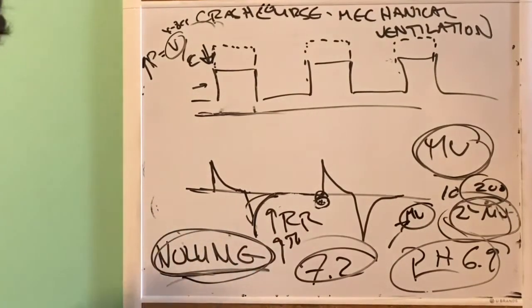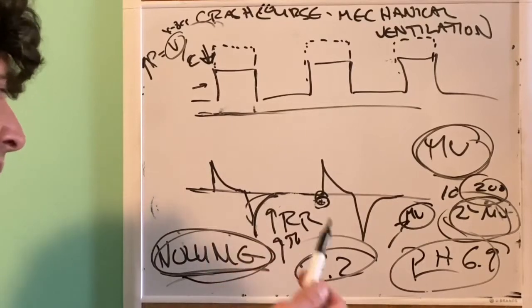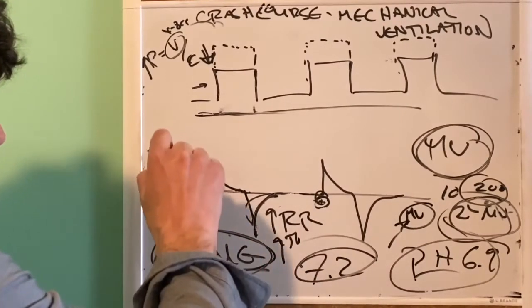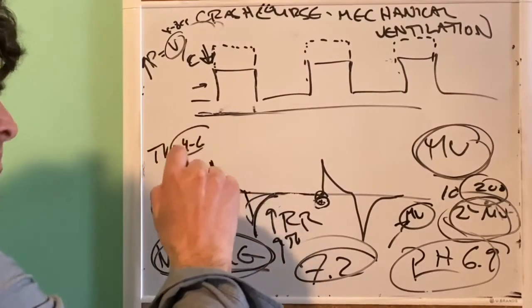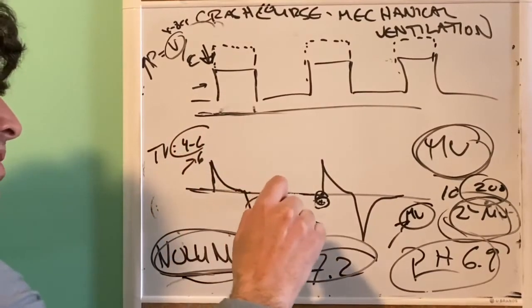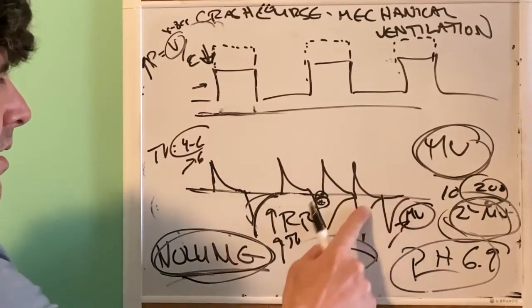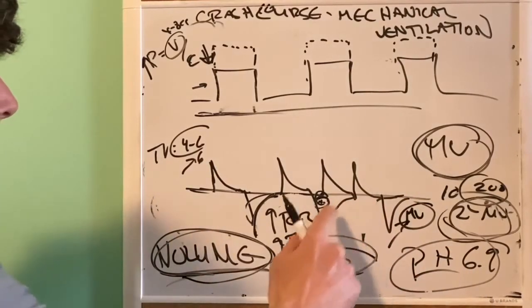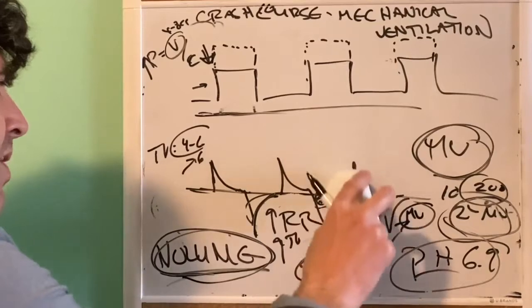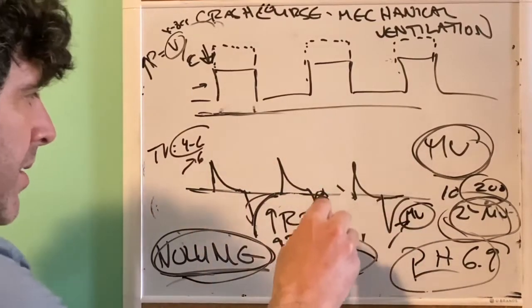So often what will be done in a medical ICU is we still want to keep their tidal volume 4 to 6. Maybe someone will go up to 6, and then because they don't have highly compliant lungs, you'll tend to increase the respiratory rate as long as they're not air trapping.